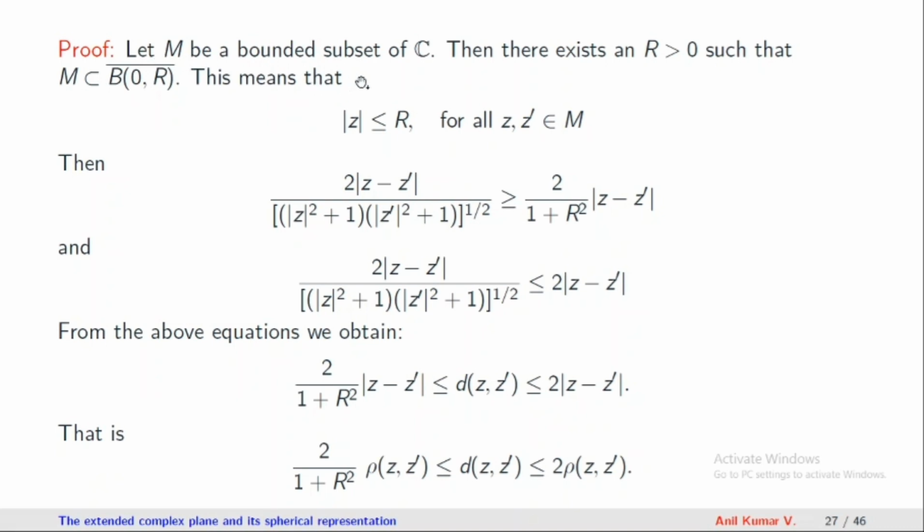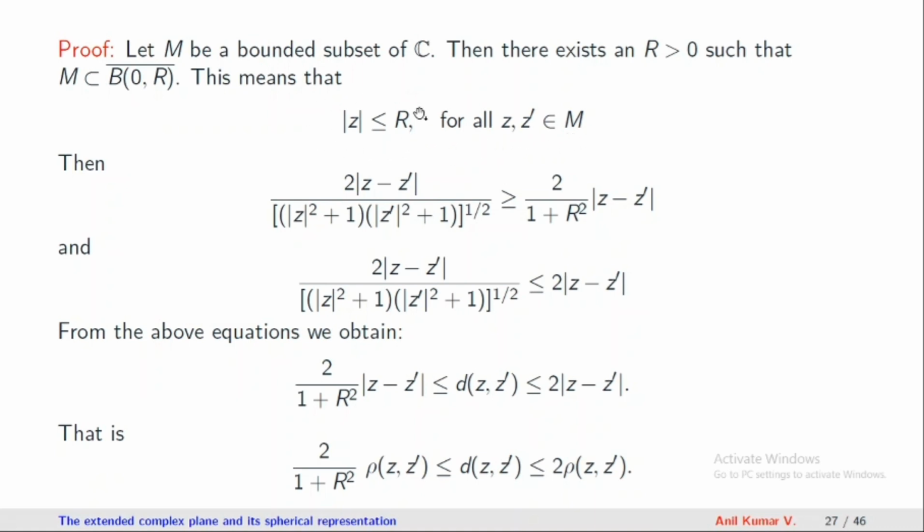So let M be a bounded subset of C, and since M is bounded, we can find a real number r greater than 0 such that this set M is contained in the closure of the open ball with the center 0 and the radius r. And this means that modulus of z is less than or equal to r for all z and z prime in M.